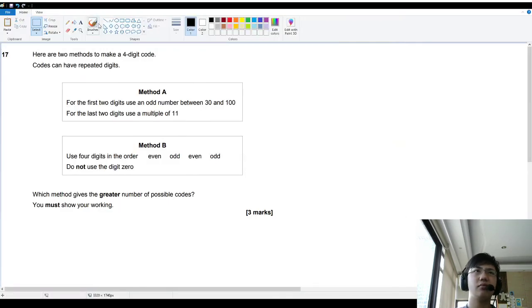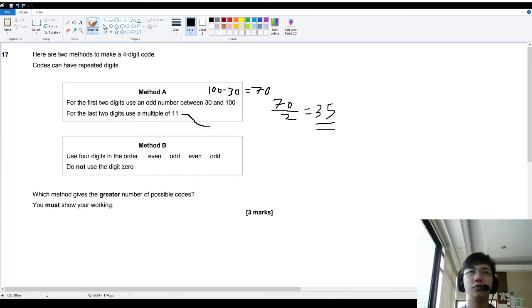So first of all, to figure out the number of odd numbers between 30 and 100, take away 30 from 100, which gives you 70. So if there are 70 numbers between 30 and 100, but they're asking for odd numbers, so only half of these 70 numbers are odd. So 70 over 2 equals 35 odd numbers between 30 and 100. While for the last 2 digits, we have to use a multiple of 11. And if you know your maths, there are 9 multiples of 11 between 0 and 99.